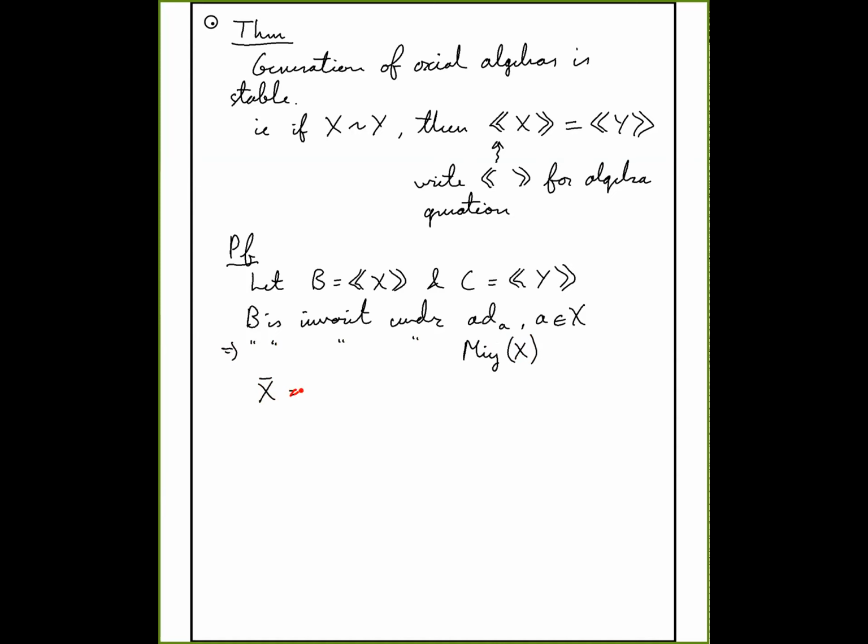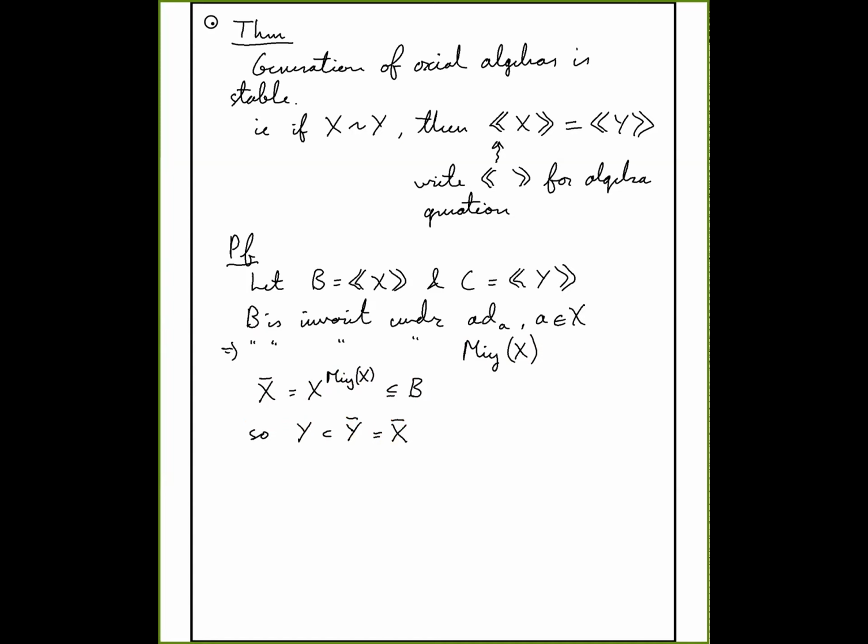And so X bar, which remember we showed was equal to the closure under the Miyamoto group of X, must be contained in B, because B is invariant under this Miyamoto group. This was in B, so this clearly must be contained in B. And so in particular, Y is obviously contained in its closure, but I've assumed that X and Y are equivalent.